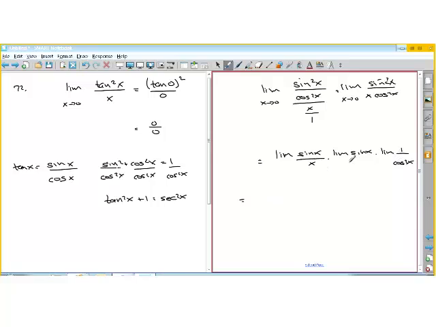So the question is, are any of these individually indeterminate? Well, without using the squeeze theorem, this one is indeterminate, but we can use the squeeze theorem to say that's 1. And these are all as x goes to 0.